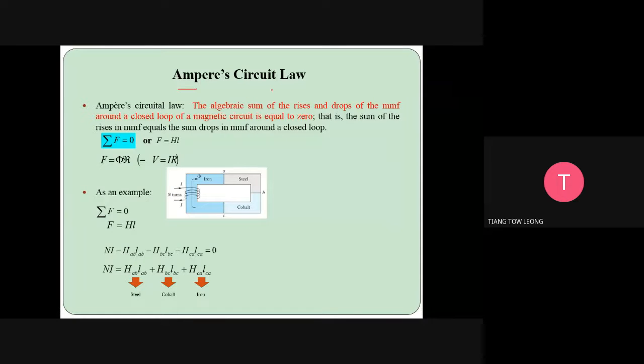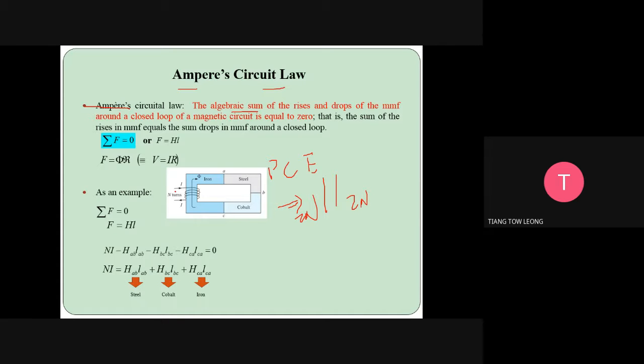Then Ampere's circuit law. Ampere's circuit law says that the algebraic sum of the rise and drop of the MMF around a closed loop of a magnetic circuit is equal to 0, which means we want to follow the principle of conservation of energy. If we apply 2 Newton here, then we should receive 2 Newton on the other side.